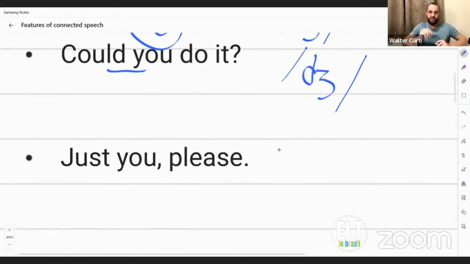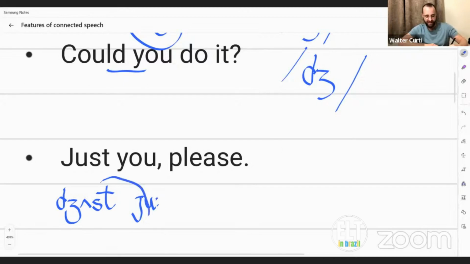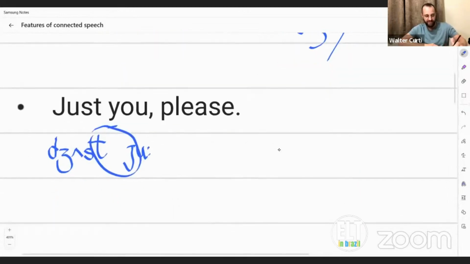Going into the next one, if you have the word just, it's going to be phonemic. If you transcribe it, it would look like that. And then you have you. But when you say it again, they are going to look like this.